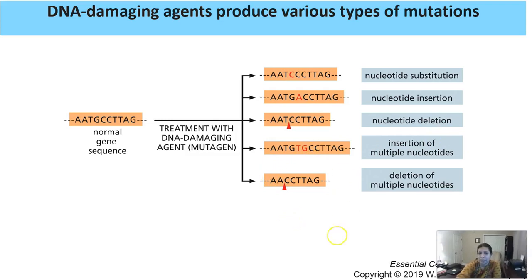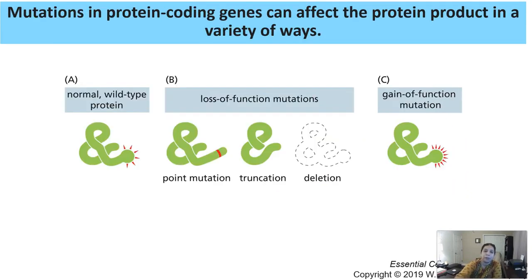Any one of these cases would lead to a sequence change that can lead to either no change at the end of the day or some dramatic change in the end product, whether it is a protein or a RNA. So mutations in protein coding genes essentially can affect your final protein product.